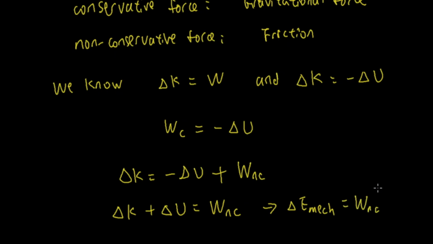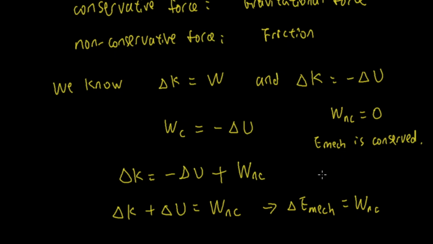Notice that, right? When change in mechanical energy is 0, we say that the mechanical energy is conserved. So basically, at this time, work done by non-conservative force has to be 0 in order for mechanical energy to be conserved.